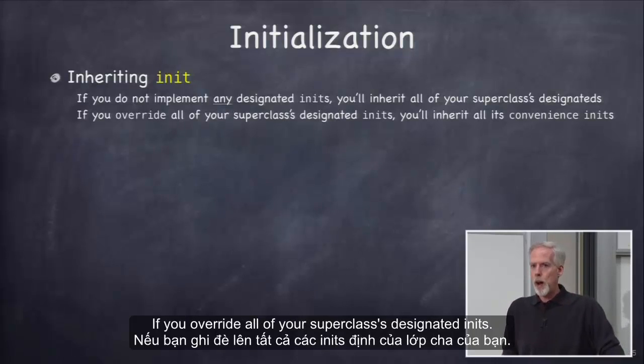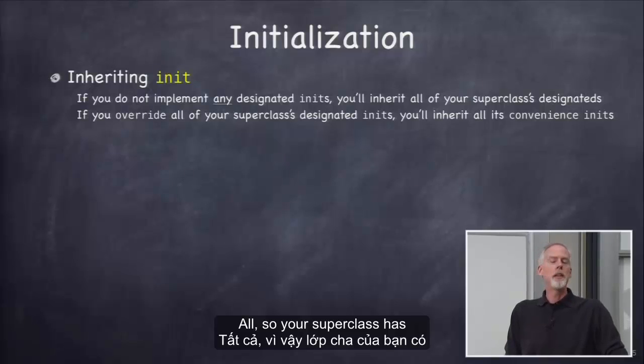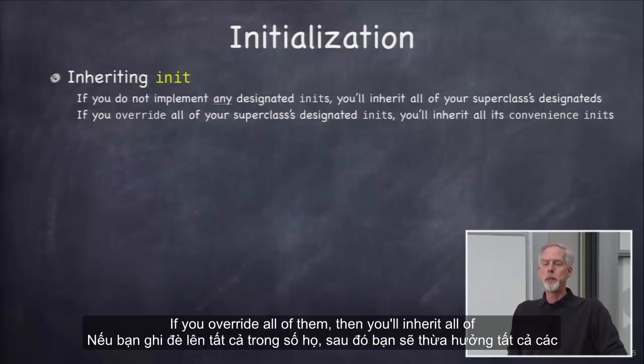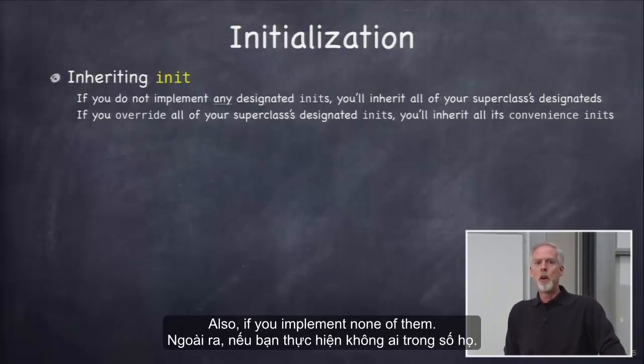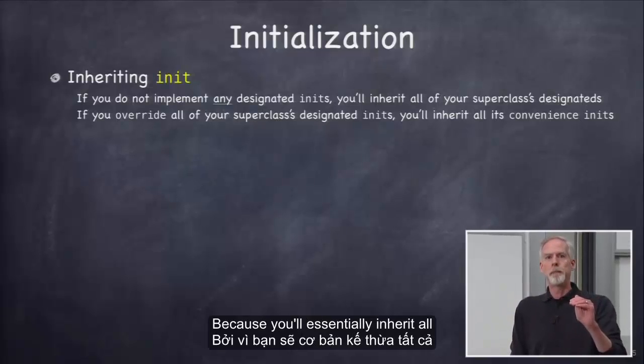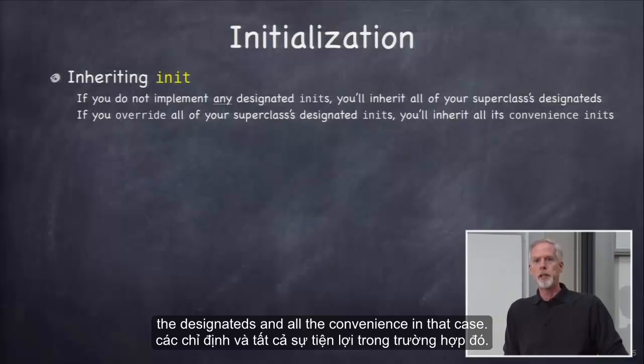If you override all of your superclass's designated inits, so say your superclass has 3 designated initializers with different arguments, if you override all of them, then you will inherit all of your superclass's convenience initializers. Also, if you implement none of them, you'll essentially inherit all the designated and all the convenience initializers in that case.